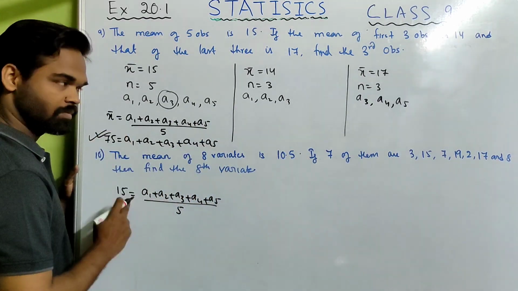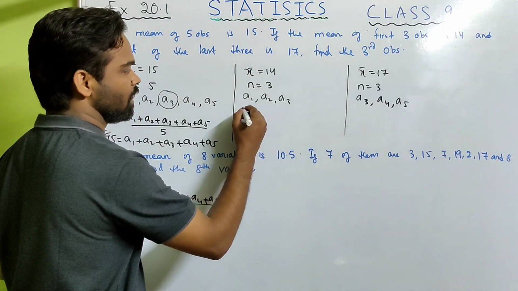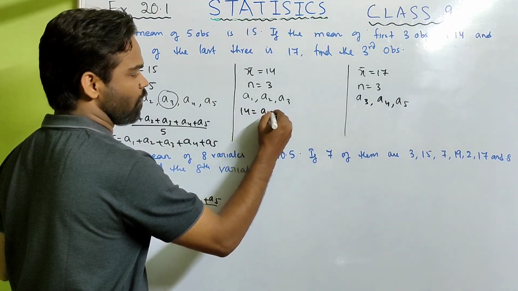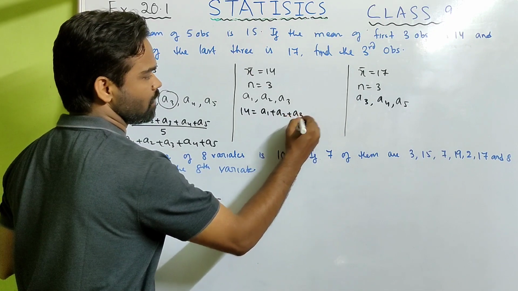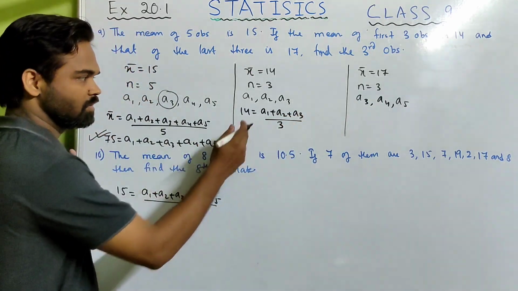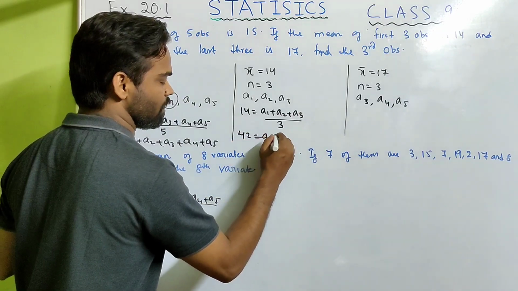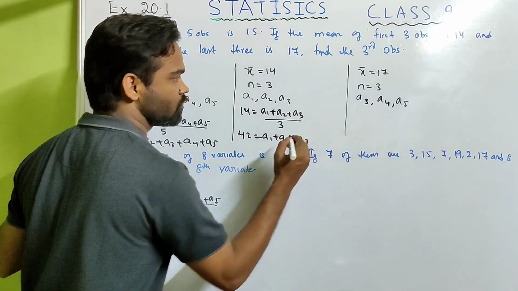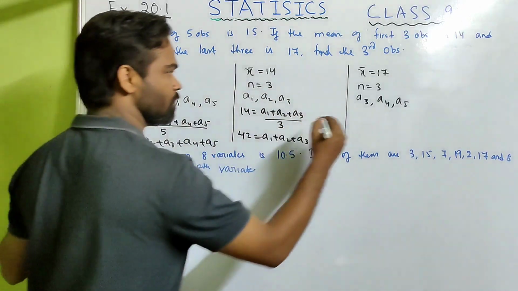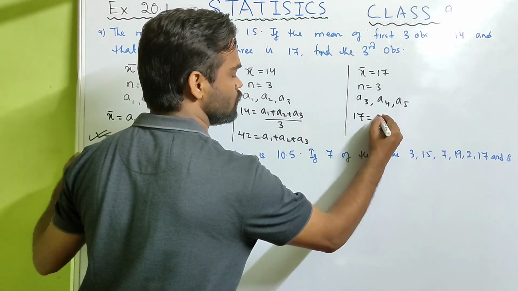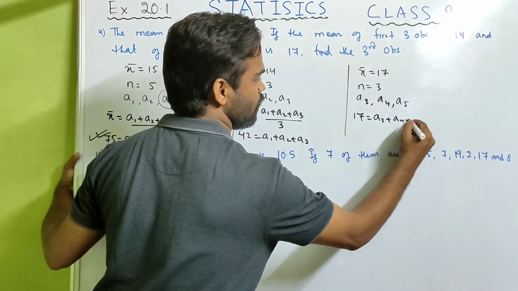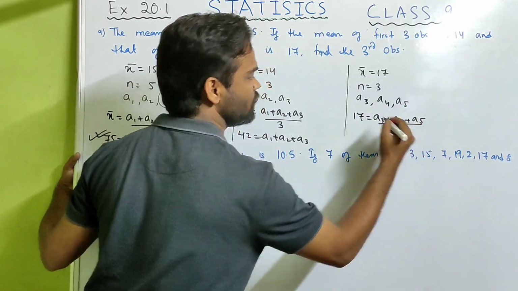Remember this. Over here, again, mean equals sum of observations by number of observations. So 14 3s are 42. So 42 is A1 plus A2 plus A3. In that scenario, mean equals A3 plus A4 plus A5 by 3.